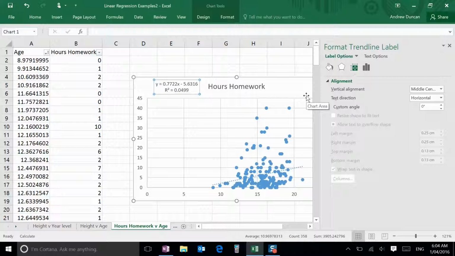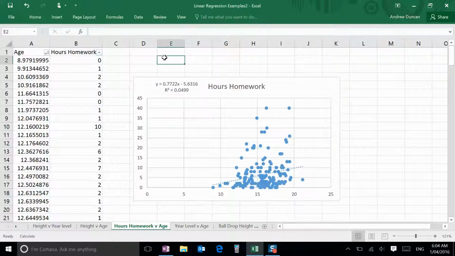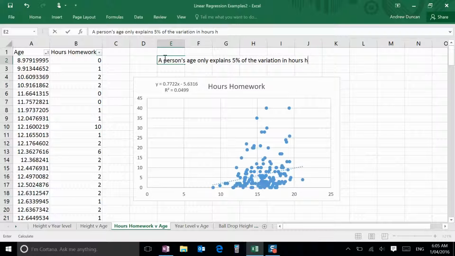It's only 5%. So a person's age only explains 5% of the variation in hours homework completed. It's not a very good model.